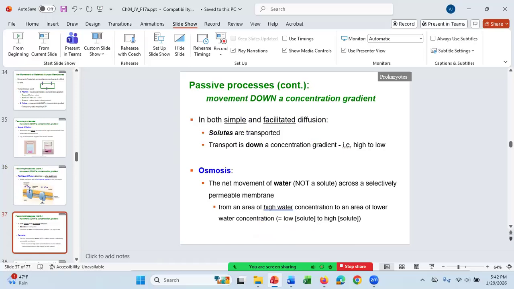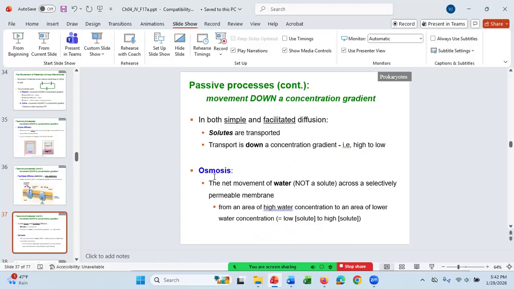In both simple and facilitated diffusion, the solute molecules are transported down a concentration gradient, from areas of high concentration to areas of low concentration. Osmosis is the net movement of water. Water is a solvent, not a solute, and this has to happen across a selectively permeable membrane.